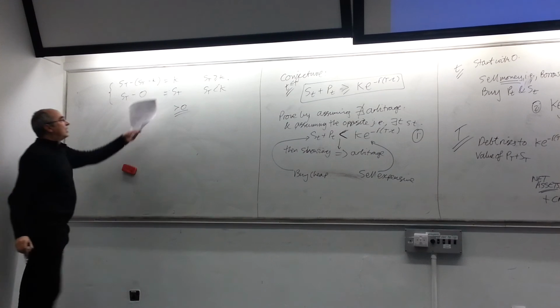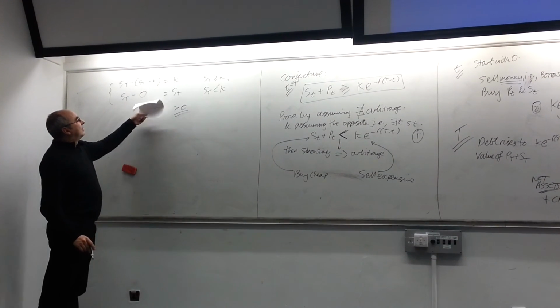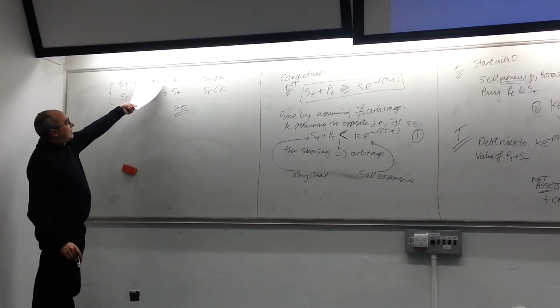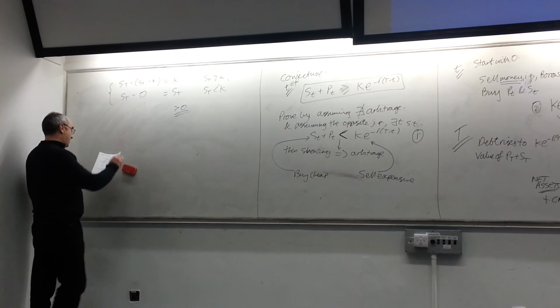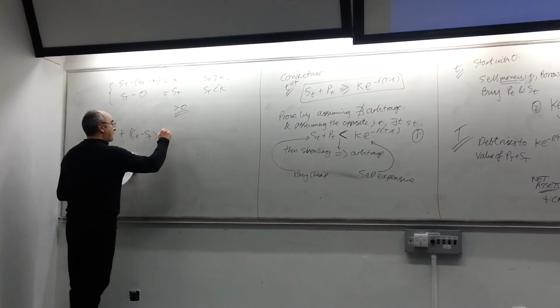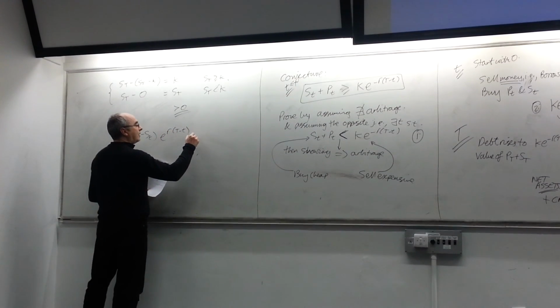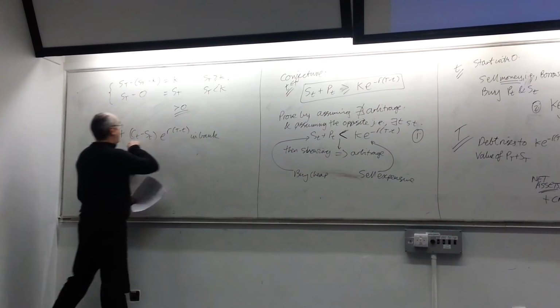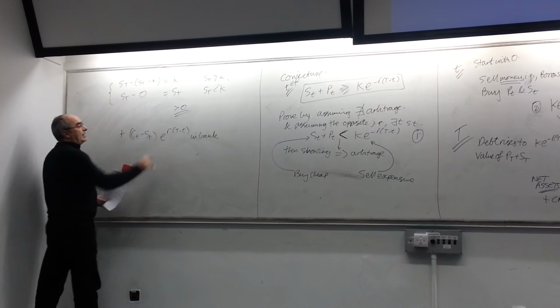The share price has to be positive, and the asset and the strike price by definition have to be positive. And I've also got this amount of money in the bank. So I had that amount left over and I invested that in the bank.